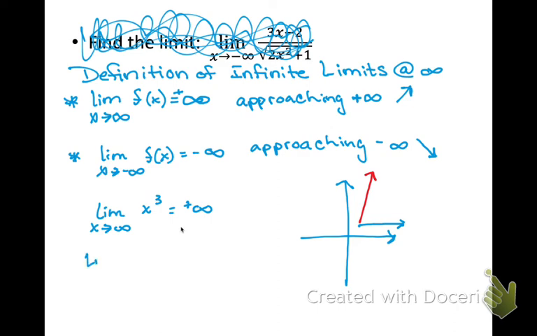Okay, so what if I do the same limit as x approaches negative infinity of x cubed? It's approaching negative infinity. So as my x's are coming out, my y's are what? Going down. Now, you know what x cubed looks like, yes? Looks like this. Is that a correct statement on what we found?